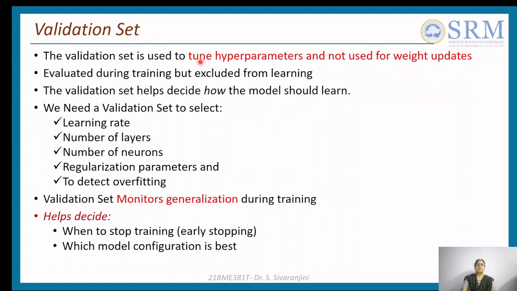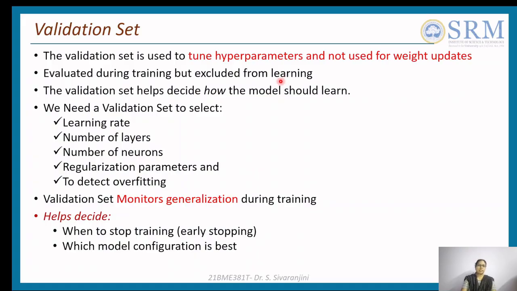The hyperparameter tuning is done at the initial stage, before the network learns or starts the training. Based on the validation set output, we tune the hyperparameters. You'll see in detail what these hyperparameters are and how they should be chosen. This is evaluated during training but excluded from learning.